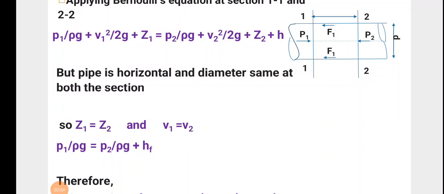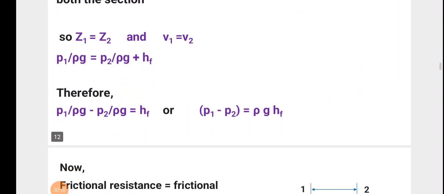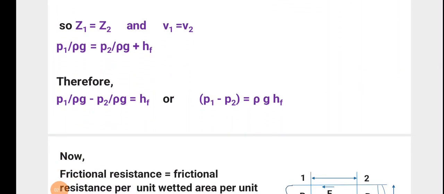So it can be written as P1 by rho g equal to P2 by rho g plus HF. Now P1 by rho g minus P2 by rho g equal to HF, or it can be written as P1 minus P2 equal to rho g into HF.